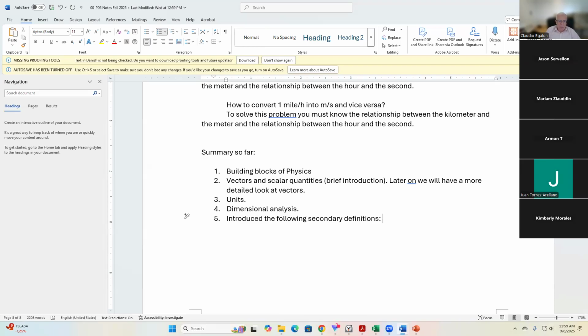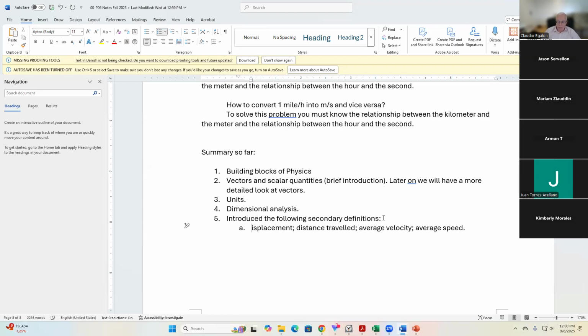What we introduced: displacement, distance traveled, average velocity, average speed. Right? We introduced all those. I can even put them in a list format.